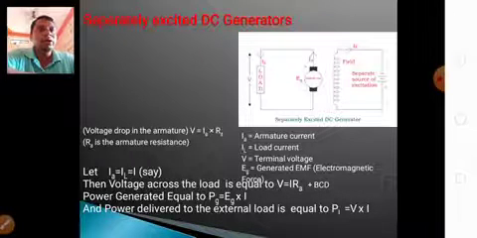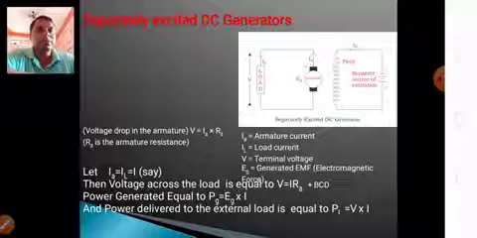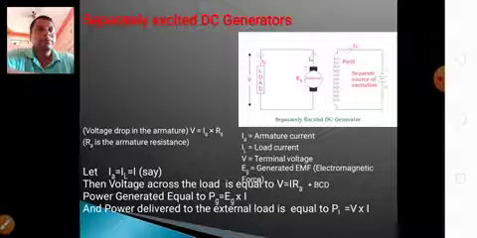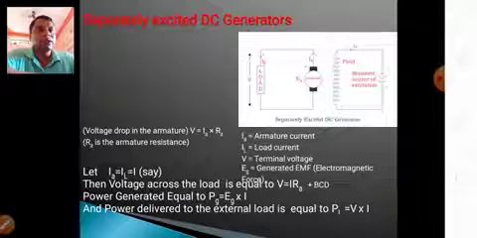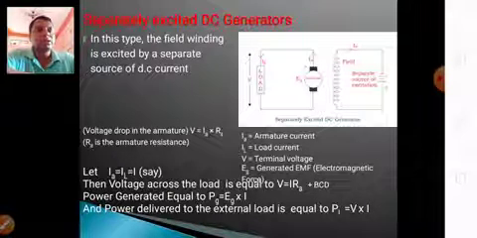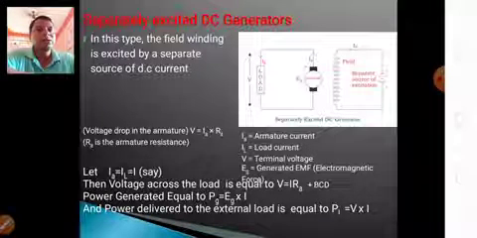Power equal to V into I. Here V means EG, the armature induced EMF. So the power generated PG equal to EG into I, and the power delivered to the external load is P equal to V into I.